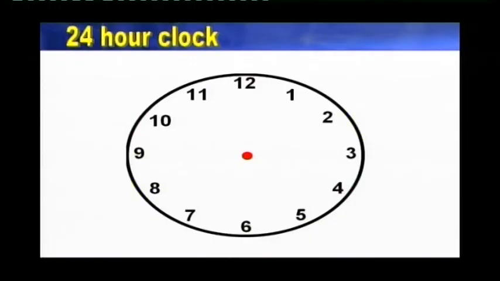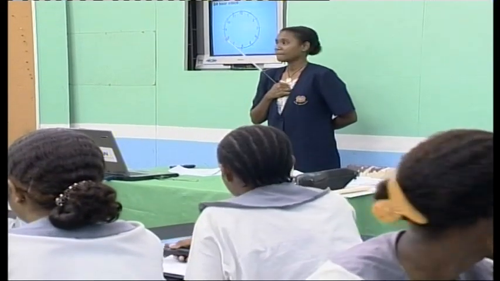Okay, let's have a look at what we have here up on the PowerPoint. Who can tell us what is this here? What do we call this round shape here? Ruth?